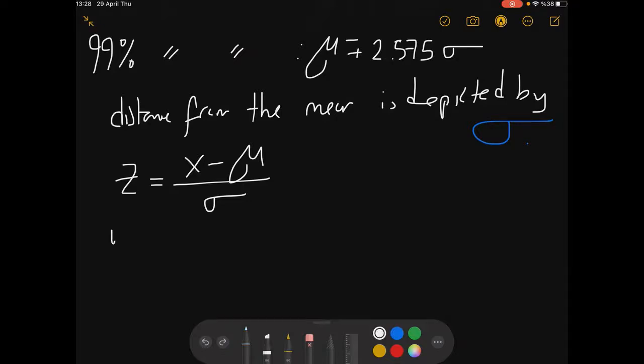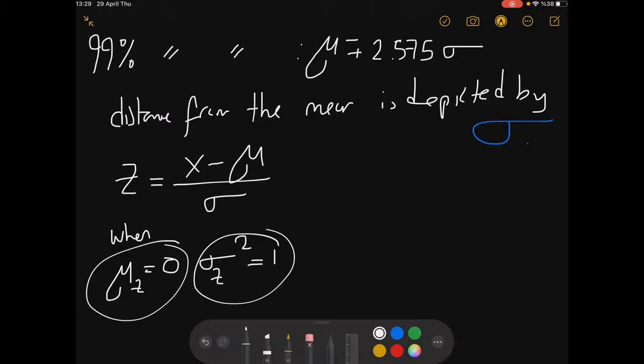And when your mu is 0 and sigma squared is 1, this is one particular case. If you have a distribution like this, where its mean is 0 and its variance is 1, of course its standard deviation is also 1, this has a special name and special calculation method, which is pretty neat. It is called the standard normal distribution.